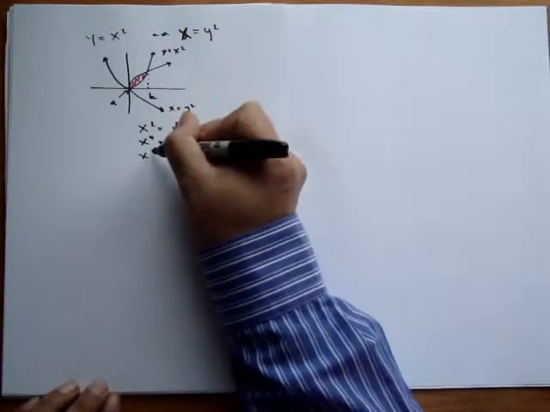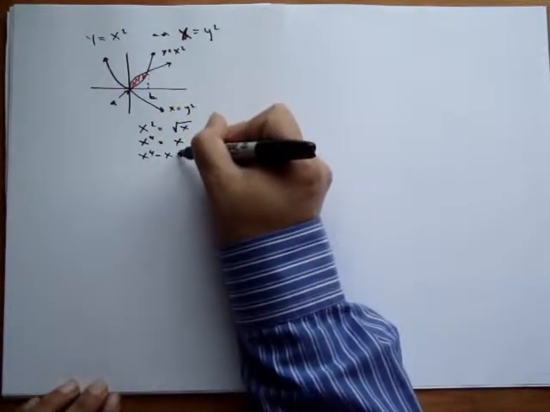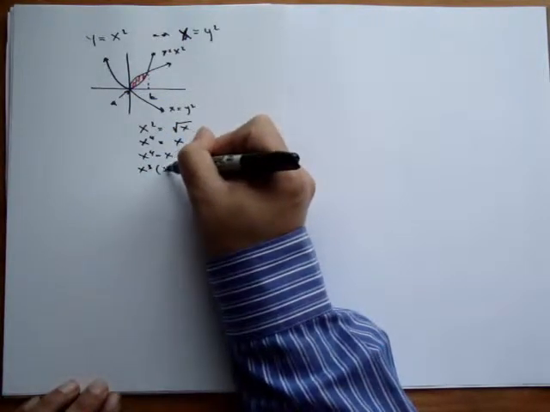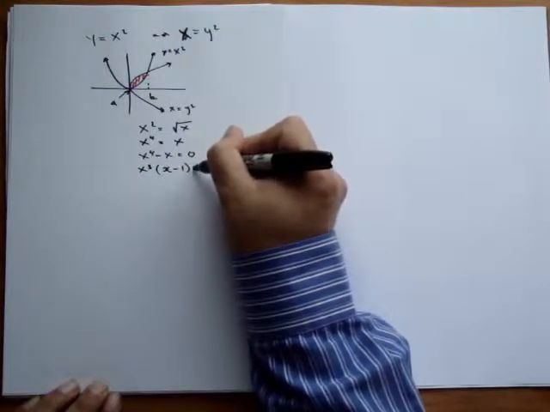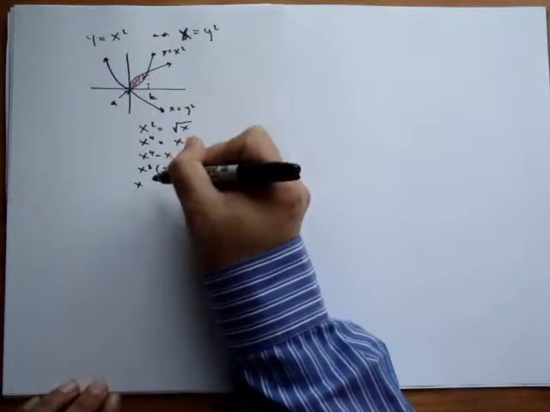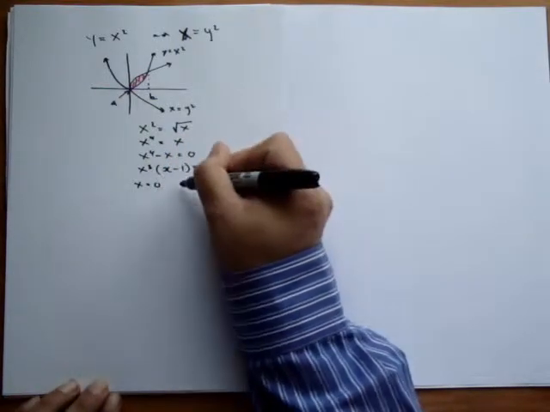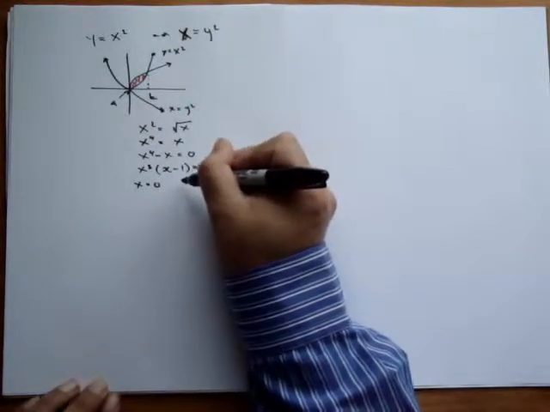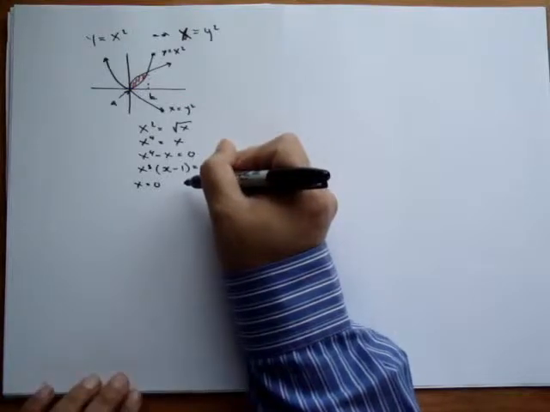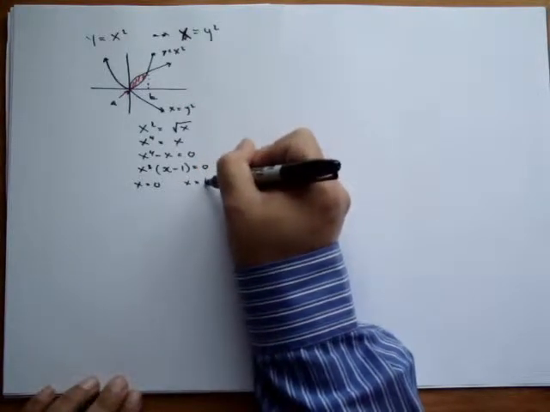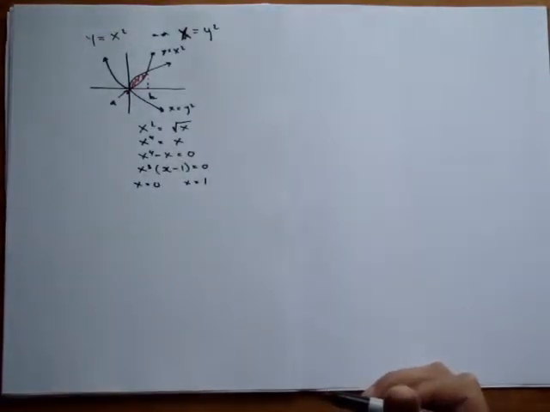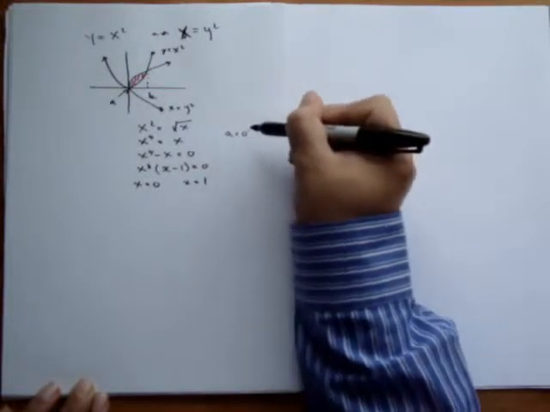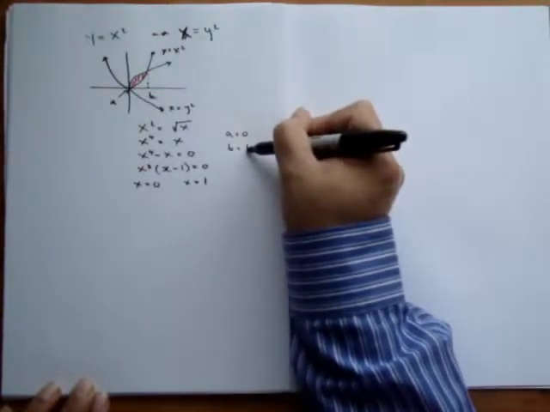So x to the power 4 minus x equals 0, x cubed times x minus 1 equals 0, so therefore x is either 0 or x is 1. So our point A is 0 and our B is 1.